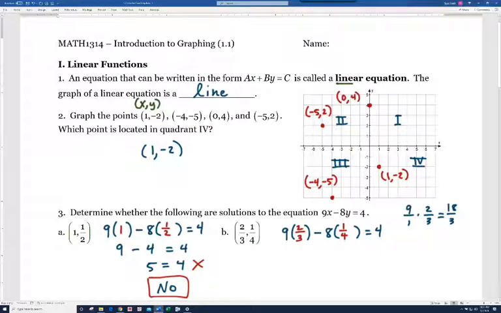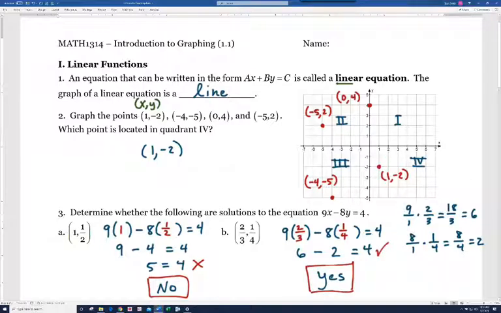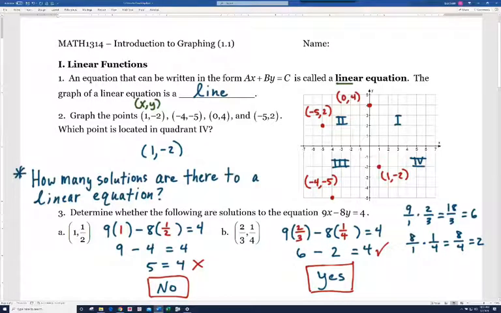We get 18/3, which is 6, and that'll be minus 8/4, that would be 2, but again, you can multiply 8/1 times 1/4, you get 8/4, or 2, and of course 6 minus 2 does equal 4, and so this is a solution.